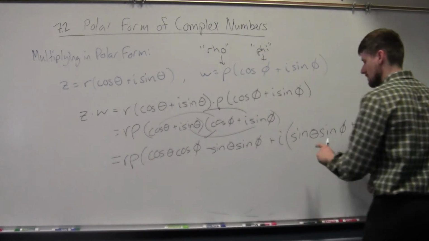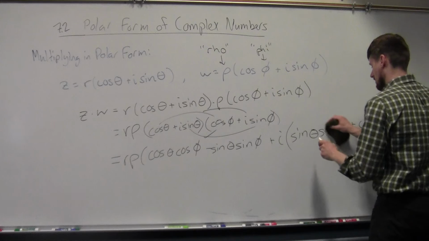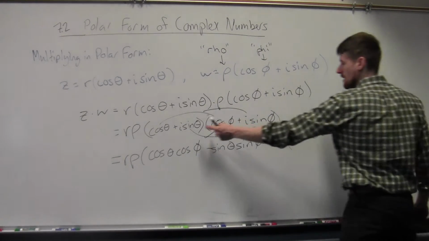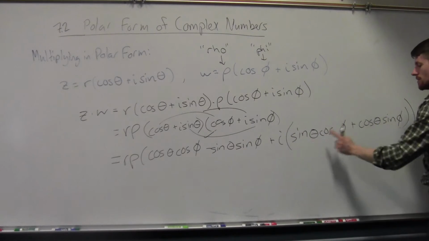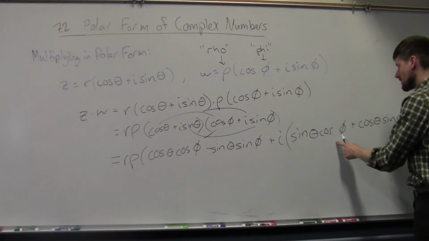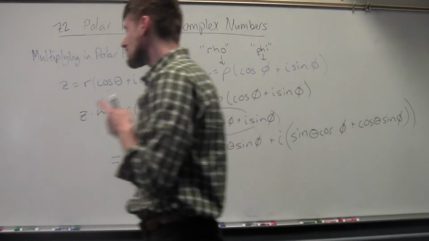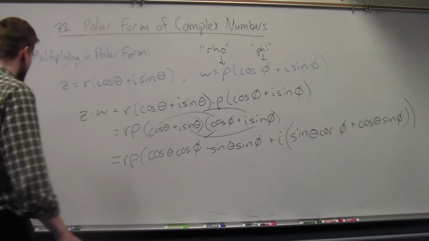I made a mistake here. This one should be cosine phi, right, because it's sine theta cosine phi. Here we have a sine cosine plus a cosine sine. What does that remind you of? What do these things remind you of?